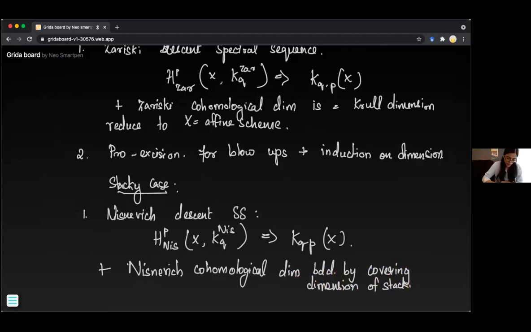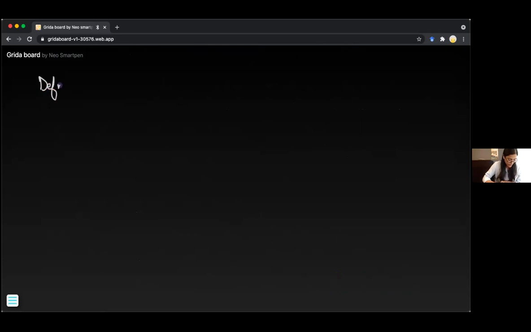So let me make this definition. The covering dimension of a Noetherian stack. So basically, you take all coverings by schemes or algebraic spaces and take the minimal such dimension.